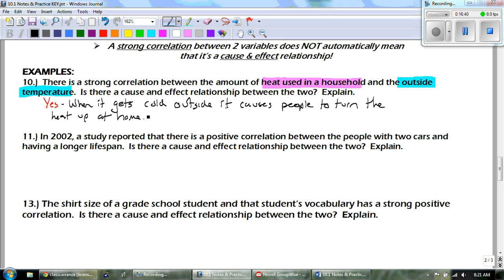And probably the same thing when it's hot outside, people turn the air conditioning on at their house. So the weather affects us to change the temperature inside of the house.